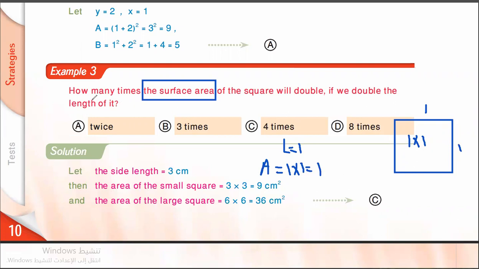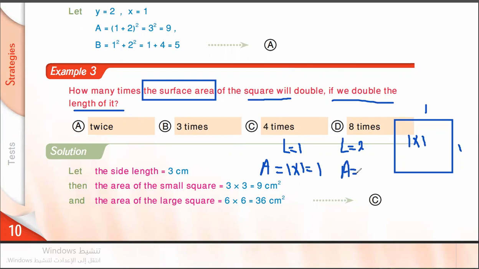Okay, now he said the square will double. How many times does the area grow if we double the length of the square? So the second square, its length is what? It's 2. So what is the area of the second square?